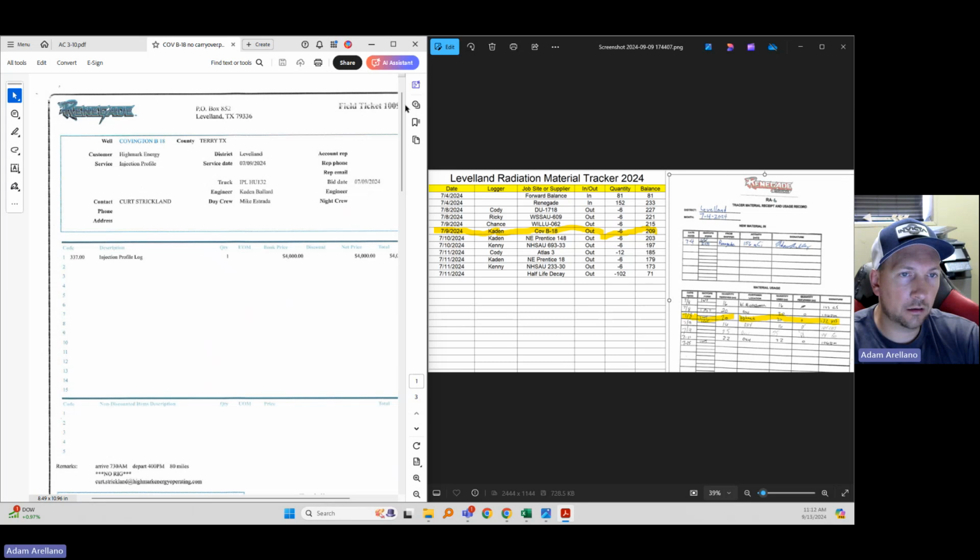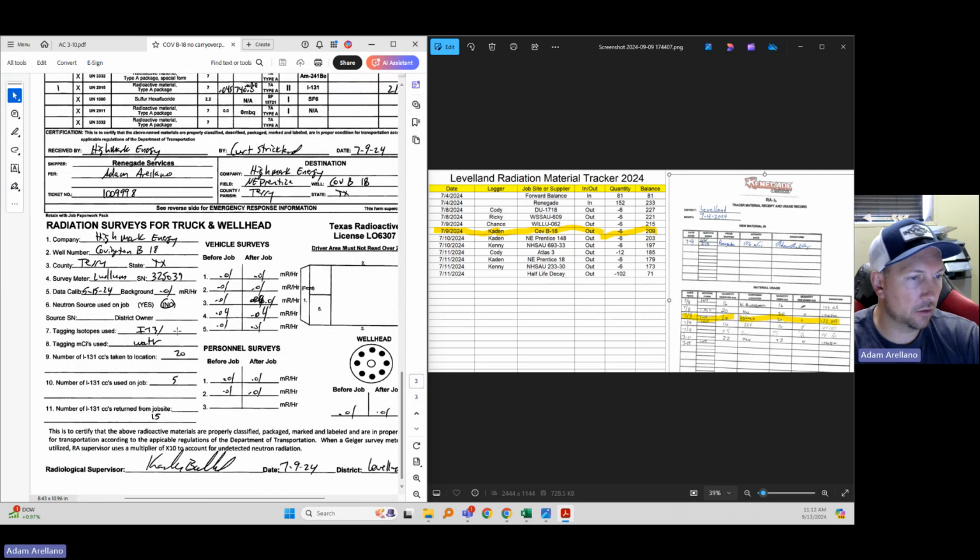And he's showing 20. So 2 things that this 20 right here will tell an inspector. One, we're not thinking about decay because it's a day later and it's not 20 anymore. On the 9th, it's 19.